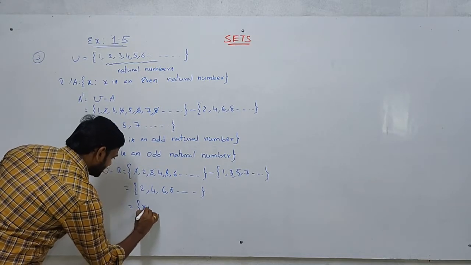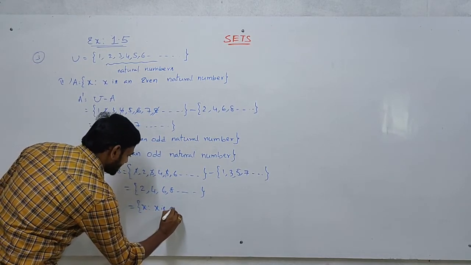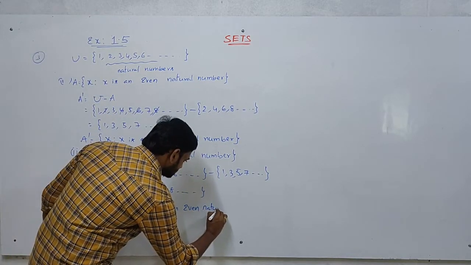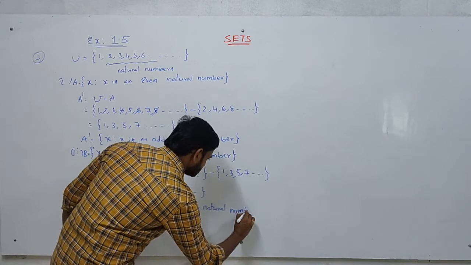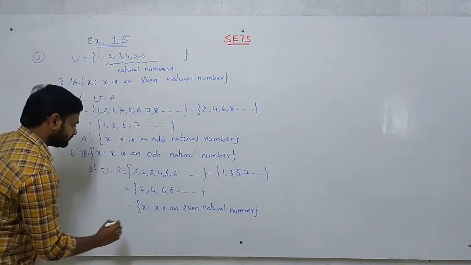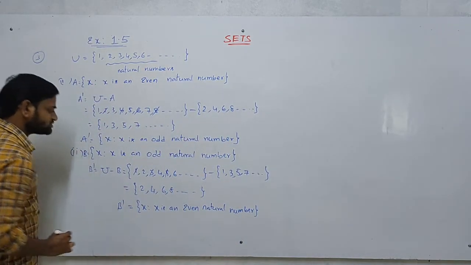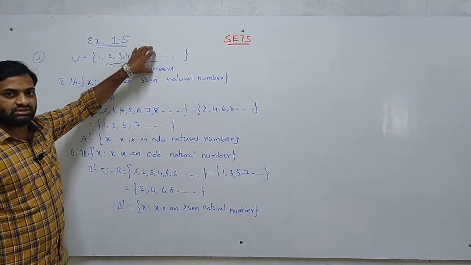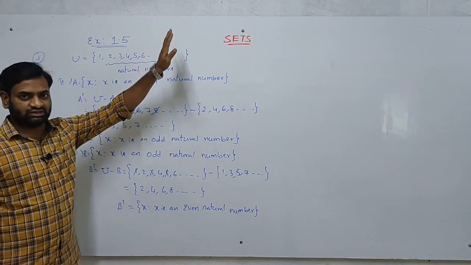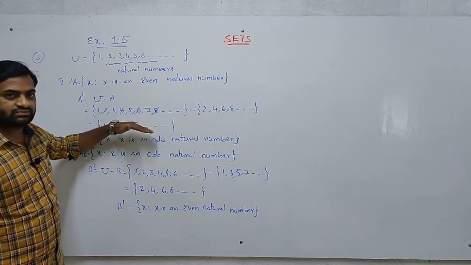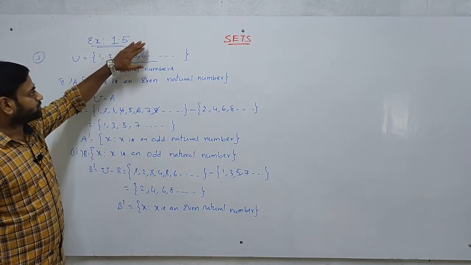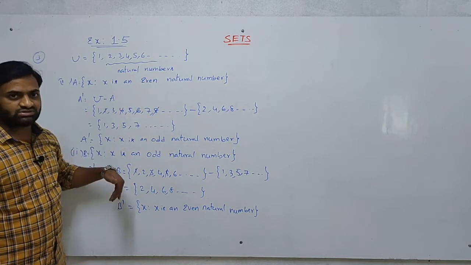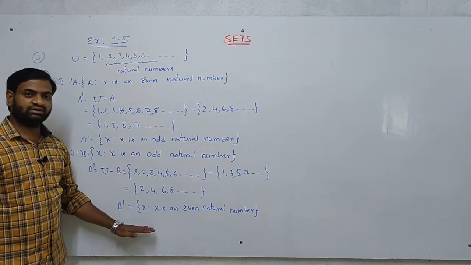So X such that X is an even natural number, which is equal to B dash. That means what you understand here, from the natural numbers, if you delete even numbers, remaining is odd numbers. Suppose from the natural numbers, if you delete or eliminate odd numbers, remaining is even natural numbers.